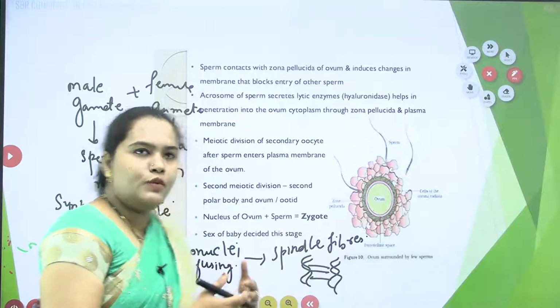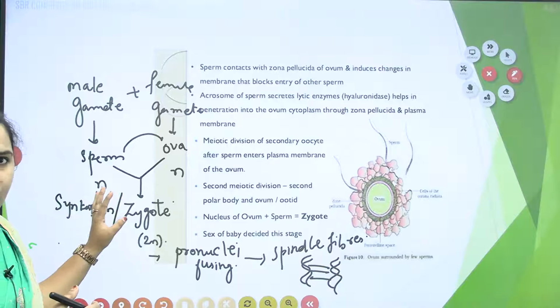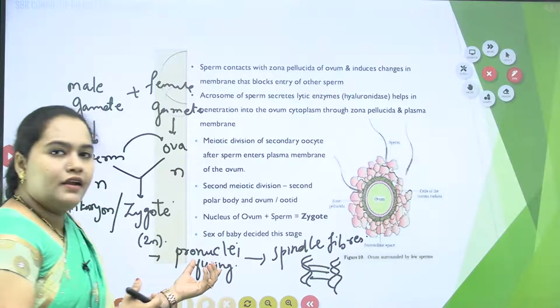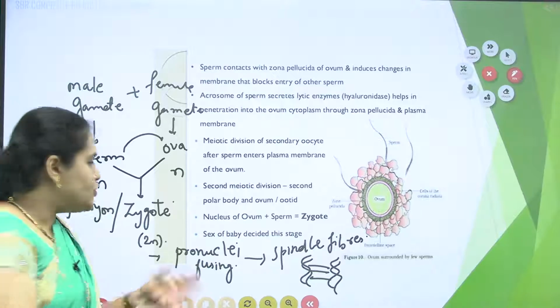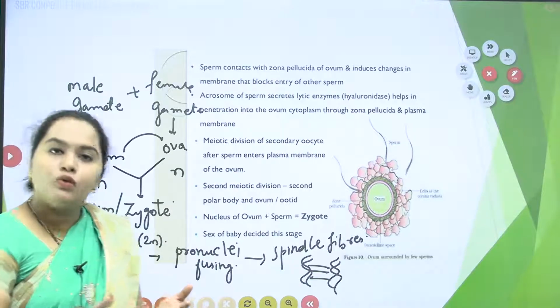So after the sperm enters into the ova, fertilization occurs, and while fertilization, the pronuclei fusion will be there. During this fusion, the nuclear membrane will stop, where the chromosomes will be.